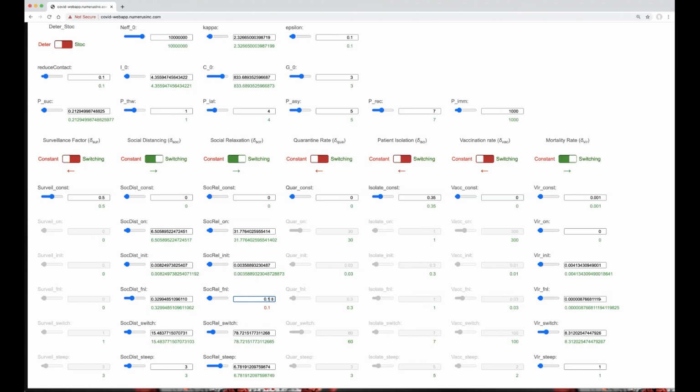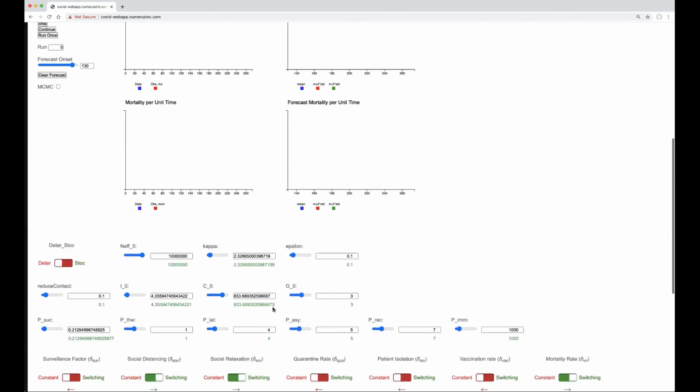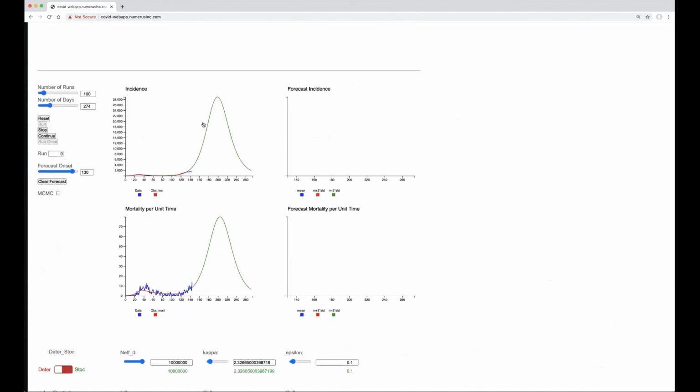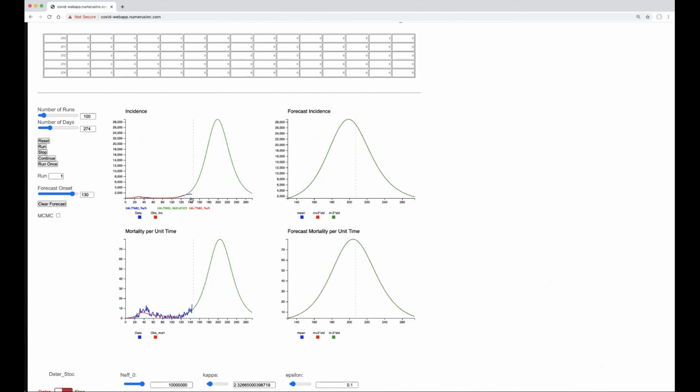So for example, if I go back to 0.1 over here, and I do a forecast that goes out to day 274, so I'll run once. This is a deterministic forecast, and you can see that if conditions persist as they did throughout most of July, then there's going to be a very severe outbreak, and eventually that will run out of steam because most of the individuals have now contracted COVID-19 and the population is approaching herd immunity levels.